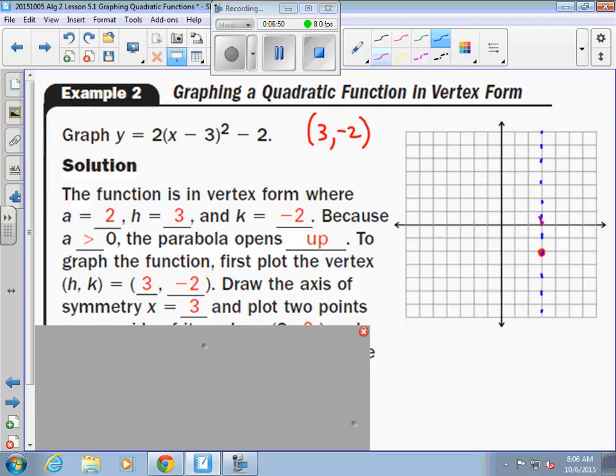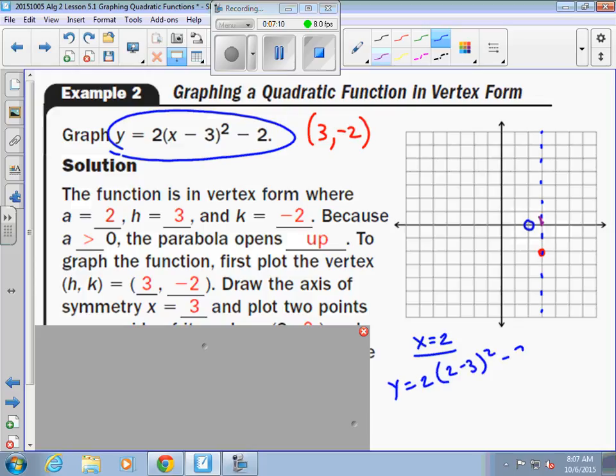So let's use this value right here and determine what our y value is going to be. We're going to use this equation here, and we're going to say x equals 2. This is a simple equation. y equals 2 times (2 minus 3) squared minus 2. So 2 minus 3 in the middle we know is -1, and -1 squared is 1.